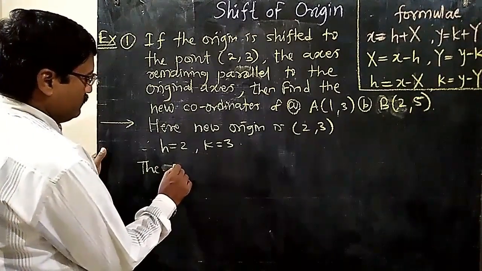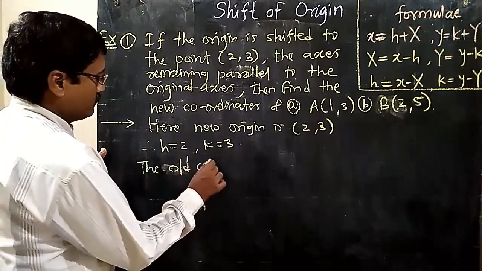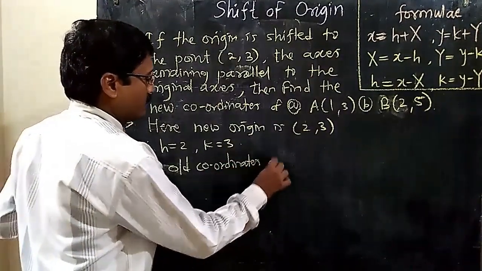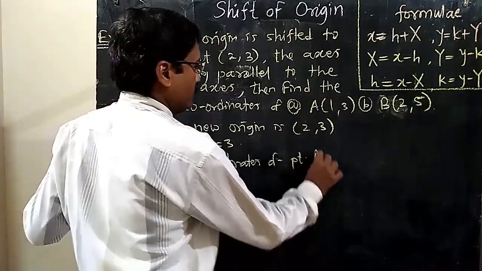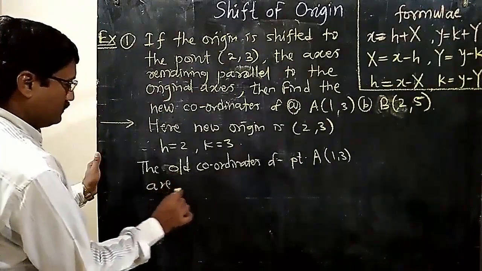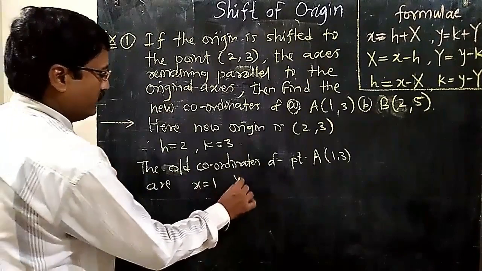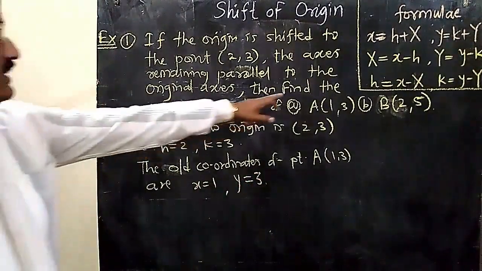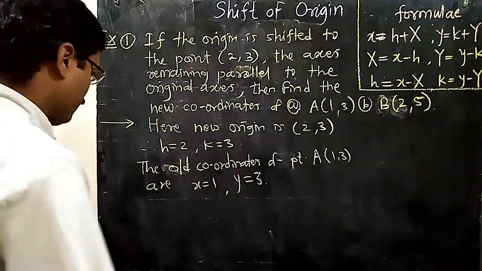The old coordinates of point A (1, 3) are x equal to 1 and y equal to 3, and we have to find the new coordinates.